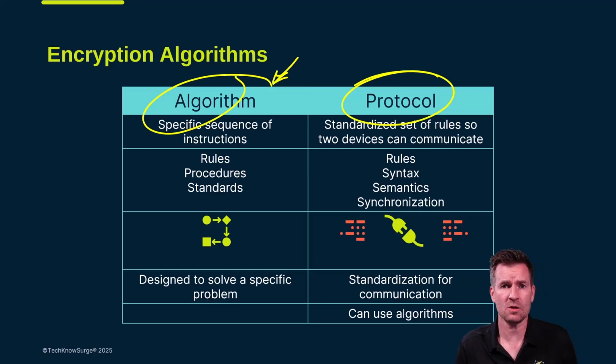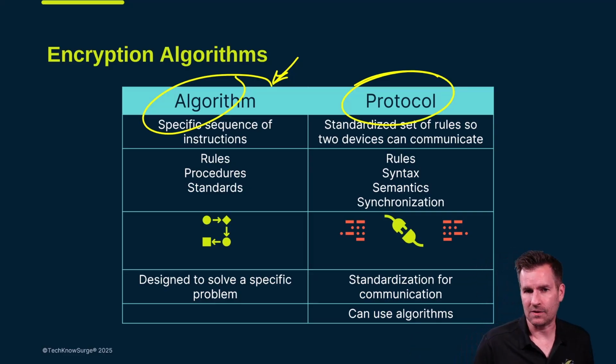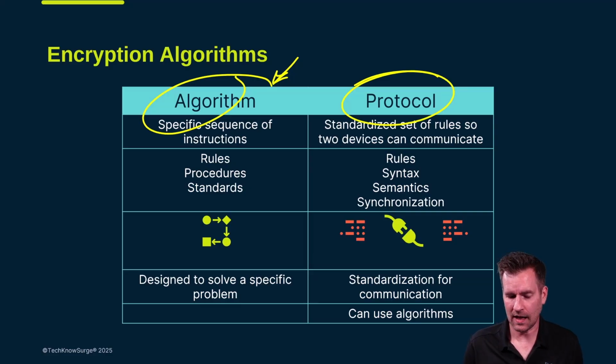So we have encryption algorithms, and there are lots of encryption algorithms out there. We actually call these ciphers. A little more specific terminology would be a cipher. We have these different ciphers out there, and some of them are old and outdated, and some of them are new, and we use these different ciphers to help us encrypt data.